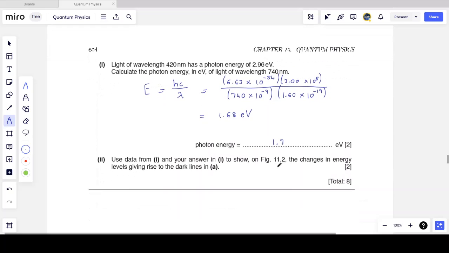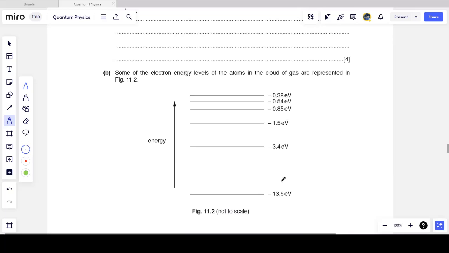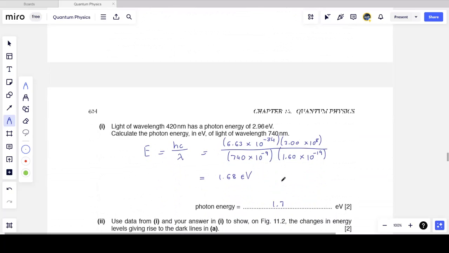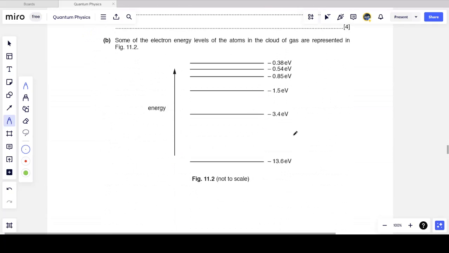Much easier to write. Now we are told that we need to use the data from part 1 and our answer in part 1 to show on the figure the changes in energy levels giving rise to the dark lines. So I need to know which ones of these transitions are going to give rise to the dark lines. And remember, the light that's passing through the gas is between 420 and 740 nanometers.